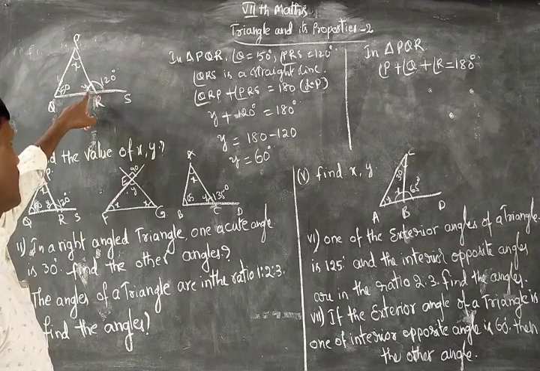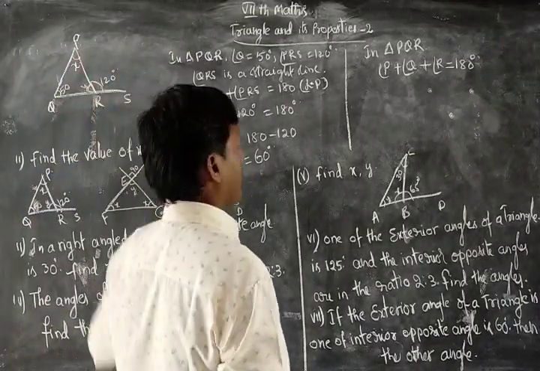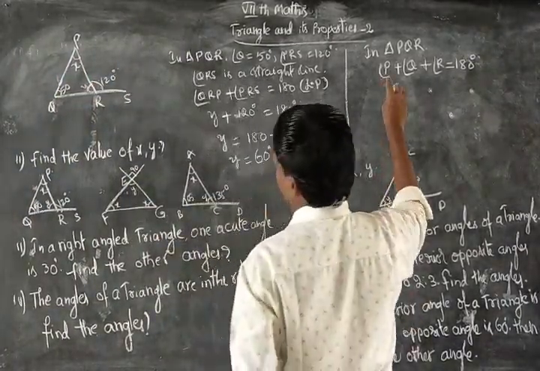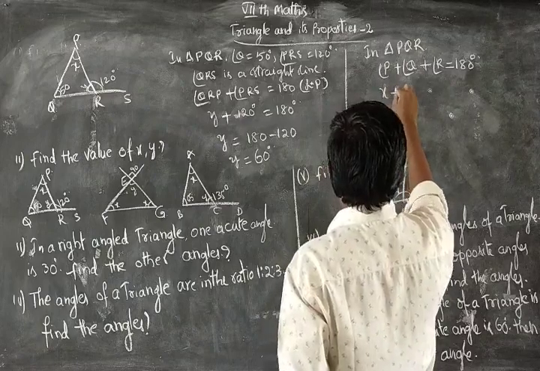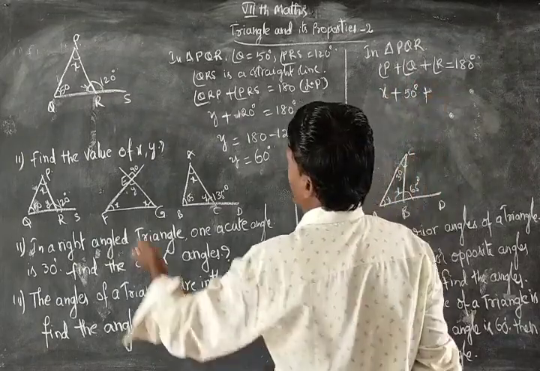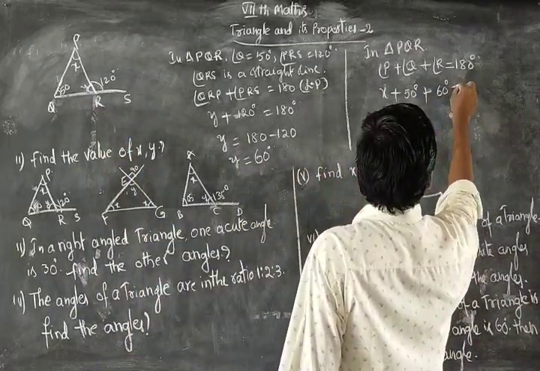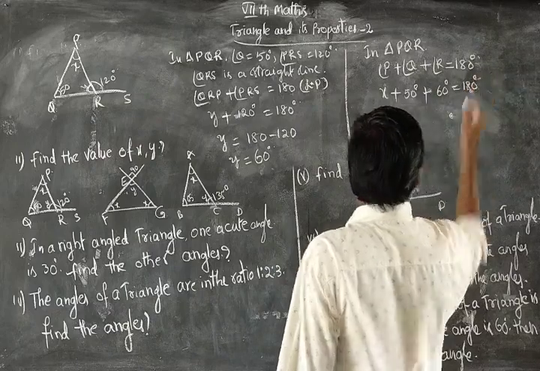We already found angle R, the y value, 60 degrees, and we don't know the x value. Instead of angle P, we can write x, plus angle Q, 50 degrees, plus angle R, which is 60 degrees, equal to 180 degrees.